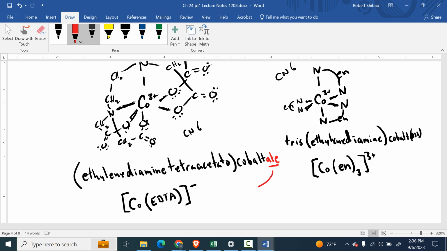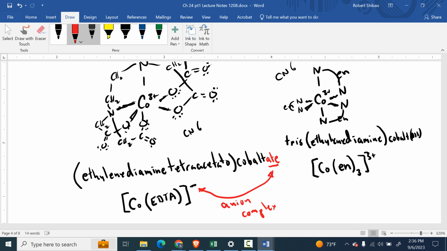The ate is to indicate that it's a negatively charged complex. It's an anion complex. So whenever you see an ate on the metal, that means we have an anion complex. If there's no ate, like over here, that means we have a cation or neutral complex.